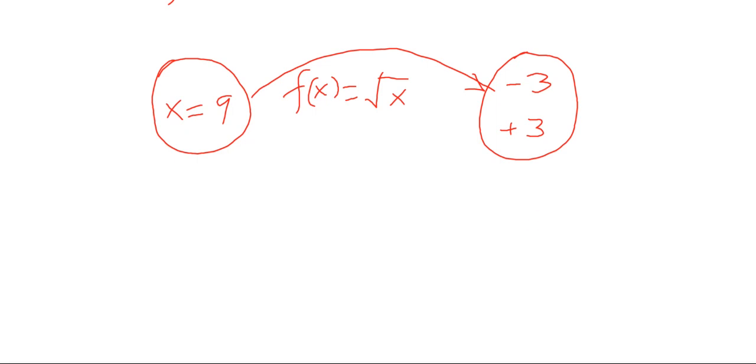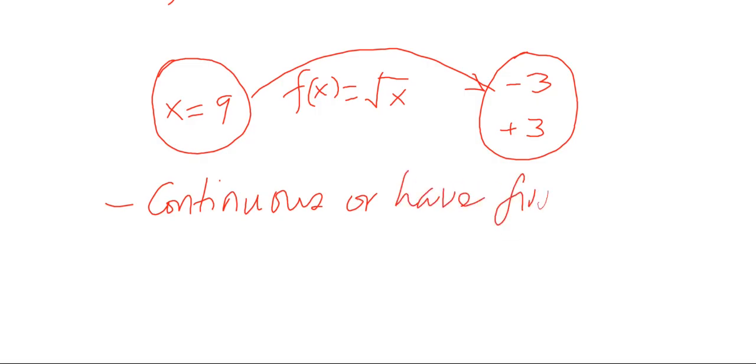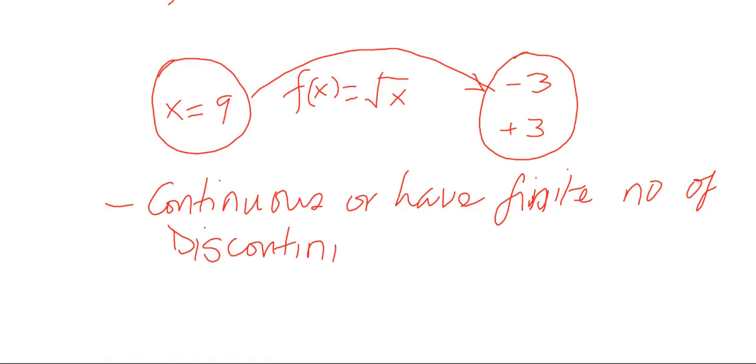We also require that the function be continuous, either continuous or have a finite number of discontinuities. We simply say the function is piecewise continuous.